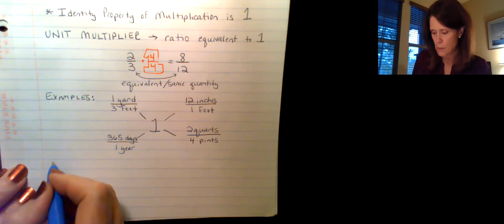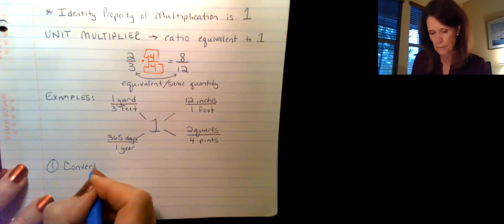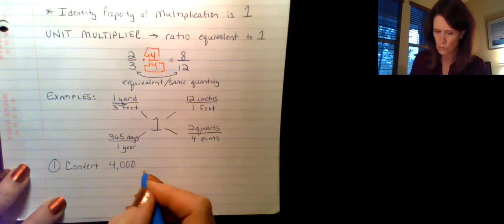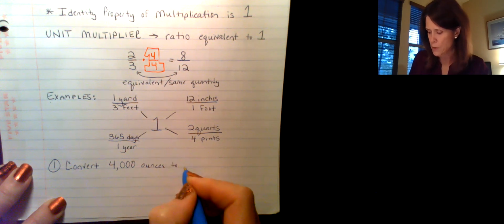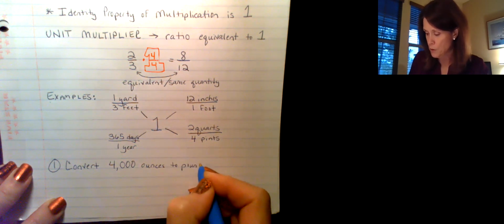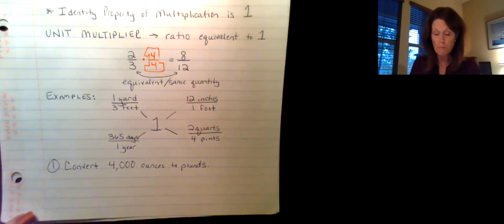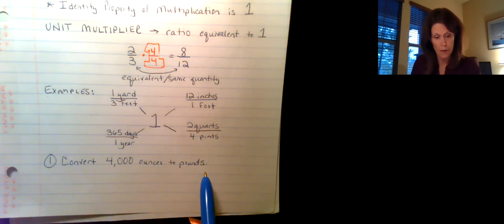So number 1, if we were told to convert 4,000 ounces to pounds, now this is a problem that you could have done yesterday with Miss Faulkner, right? We're just converting from one unit of measurement to another.